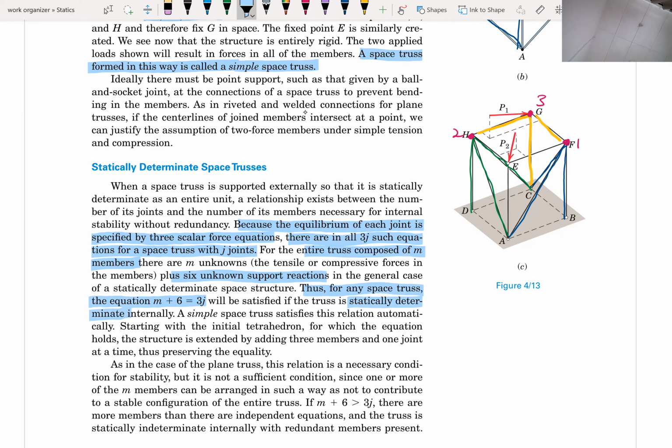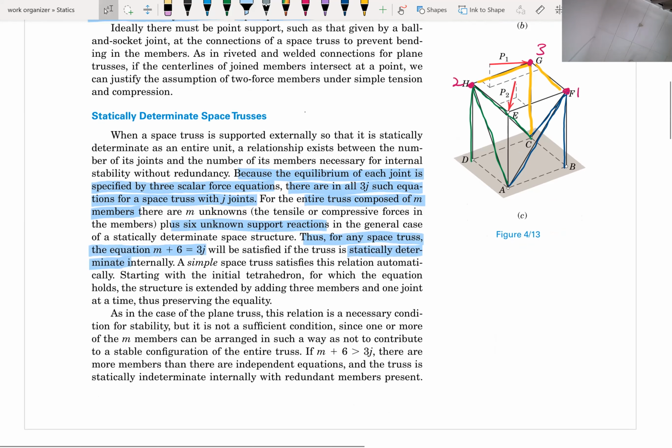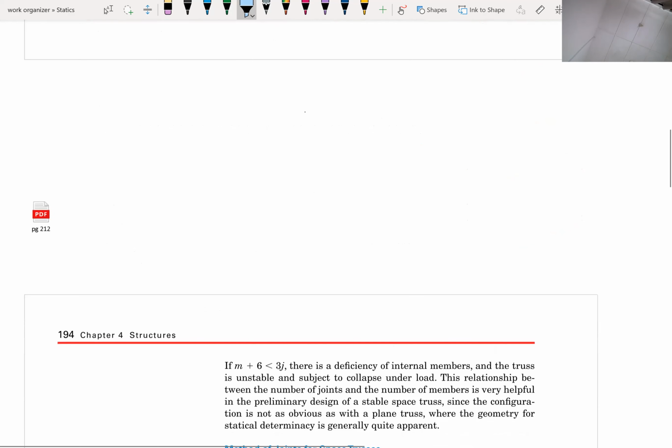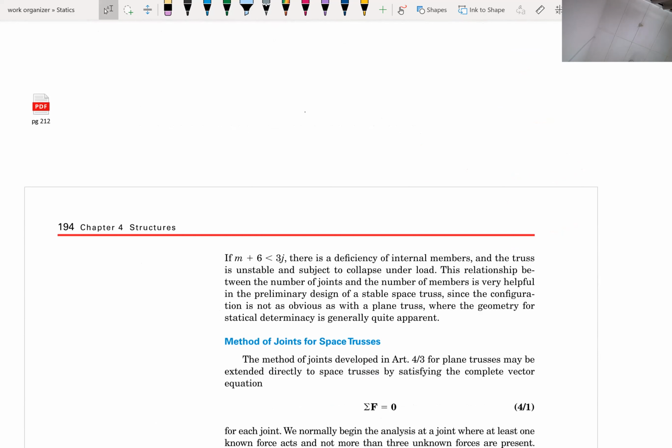And then if m plus 6 more than 3j, we can say that it has redundant members. And then if m plus 6 less than 3j, we call it has deficiency. And then it is unstable.